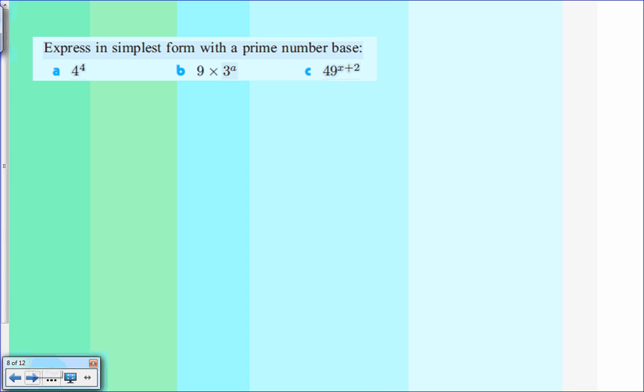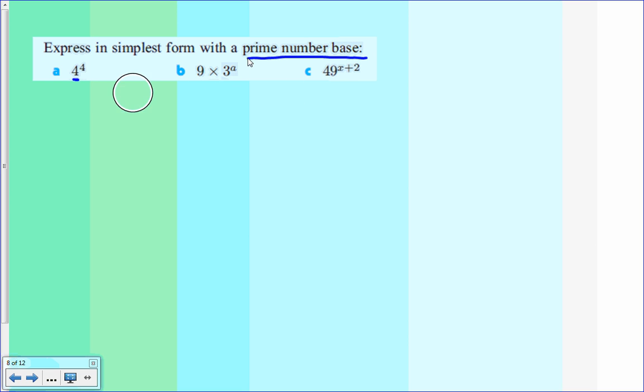We're nearly finished here with the video. This gets a little bit complicated, but if I was going to express these in simplest form using a prime number as a base, I'd have to think about composite numbers and turning them into primes. So for instance here, that 4, that's not a prime number. I have a 9 here and a 49 here, and neither of those are prime.